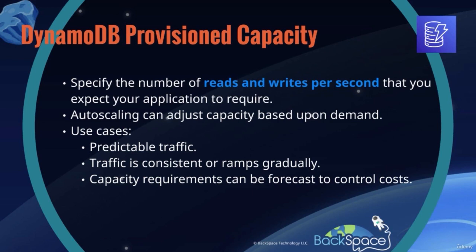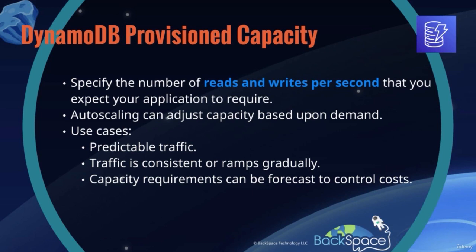Provisioned capacity is where you specify the number of reads and writes per second that you want. And so if your application is pretty consistent, and you're going to get a reasonably consistent demand for reads and writes, then that's a good way to go with provisioned capacity.